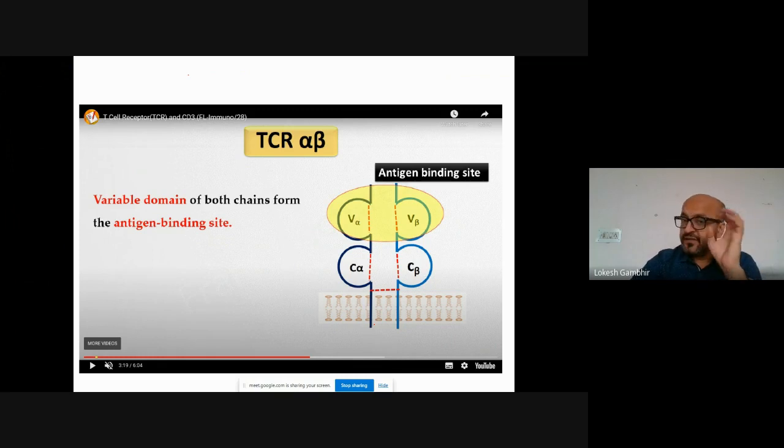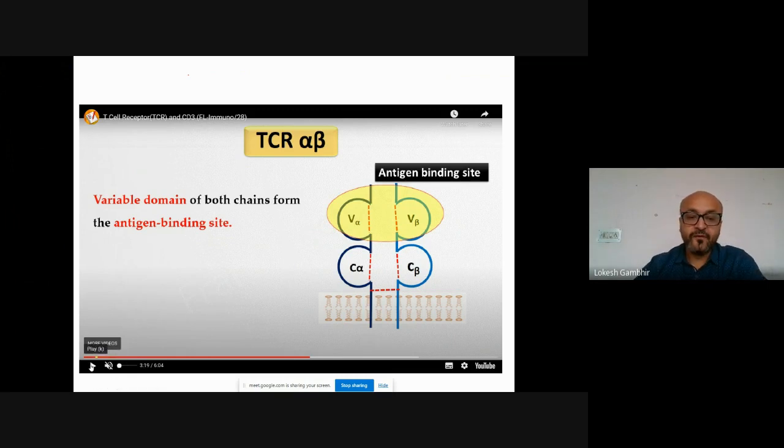So we understand that it will not be able to transfer the signal given after antigen binding to the cytoplasmic domain. That is the reason why a T cell receptor requires an additional co-receptor in the form of the CD3 molecule in order to give the signal to the cytoplasmic domain, and that we'll be talking about in subsequent slides.